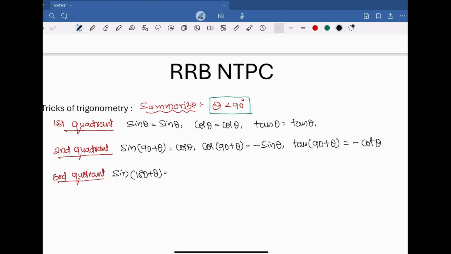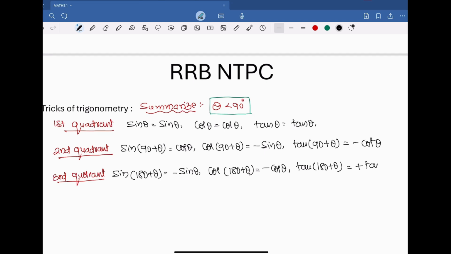Cos 180 plus theta is equal to minus cos theta. Tan 180 plus theta is equal to plus tan theta. Now, last is the fourth quadrant.